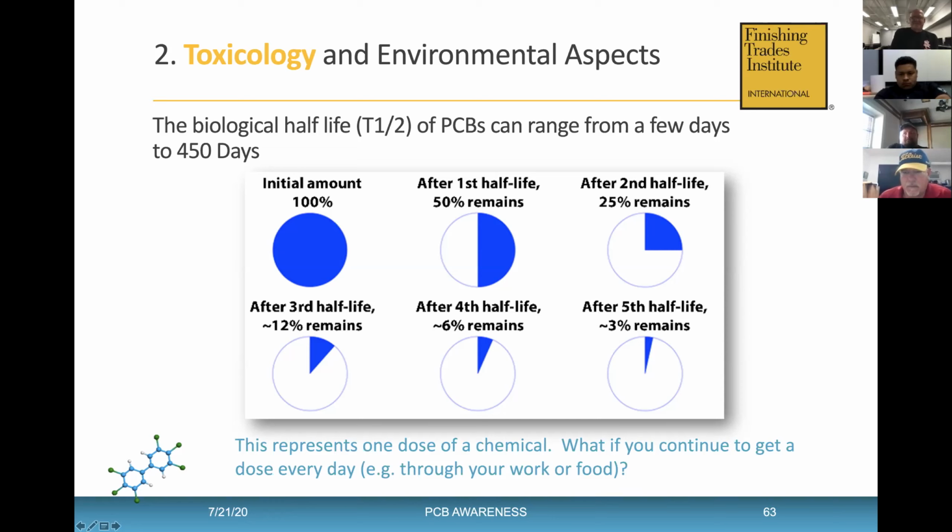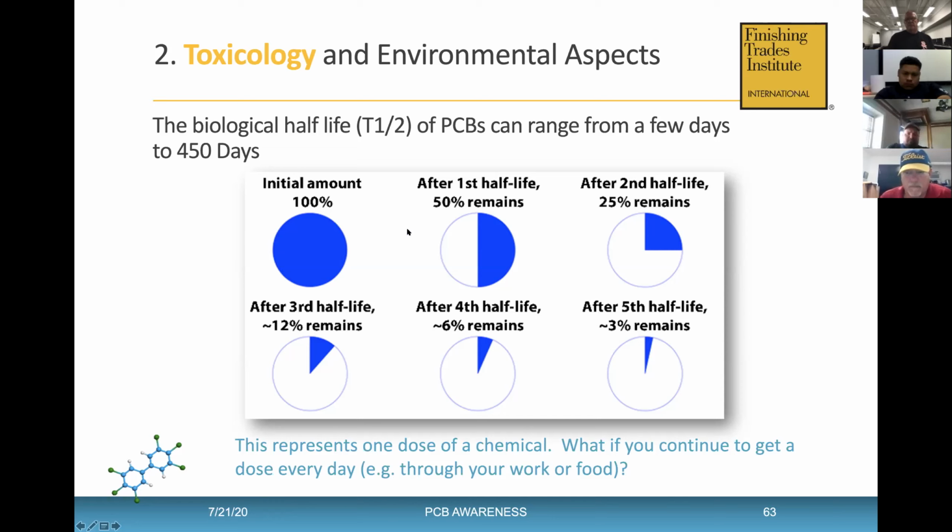I keep forgetting that I'm not in front of a class. So day one, right? This is where you start. But day two, then you go back and start here again, and day one is here, right? So you keep going on this cycle. So every time you have a new exposure and more stuff gets into your body, you're starting a brand new series of half-lives.